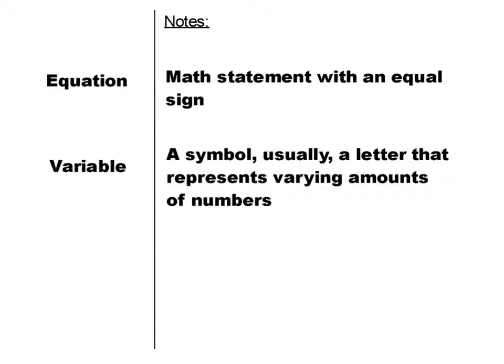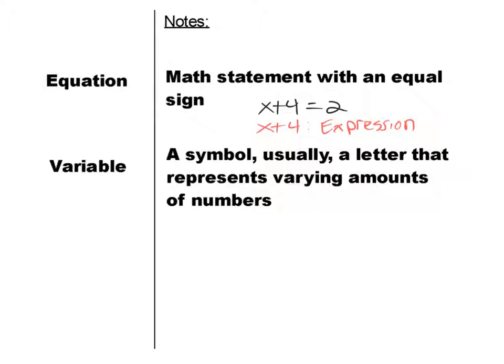Equation and a variable. An equation is just something with an equal sign. So if I have x plus 4 equals 2, that's an equation. If I just have x plus 4 without the equal sign, that's called an expression. So anytime I introduce that equal sign, I'm dealing with an equation now, and usually I want to solve that equation.